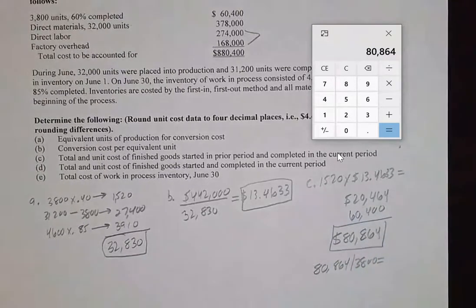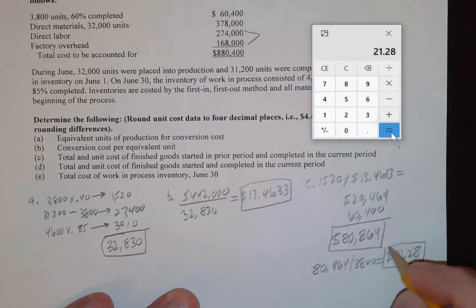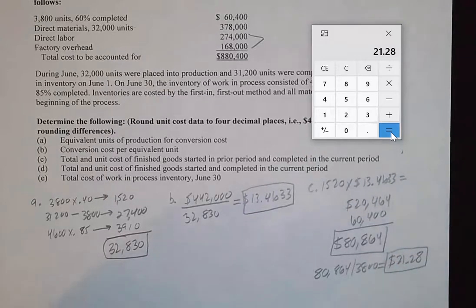And if we do that, we're going to come up with a cost of $21.28. Okay, of finished goods started in a prior period and completed in the current period.